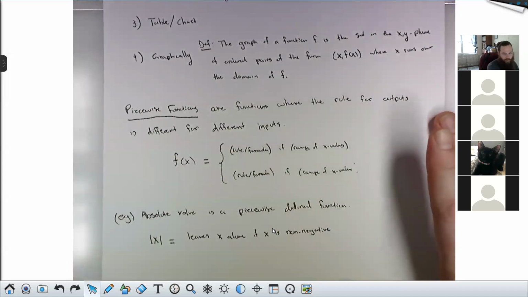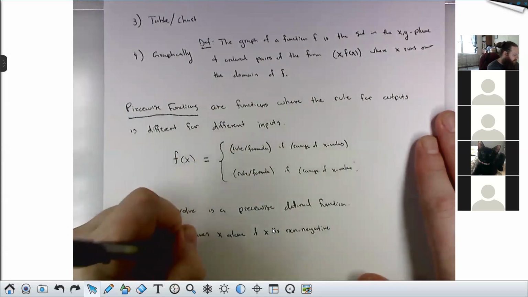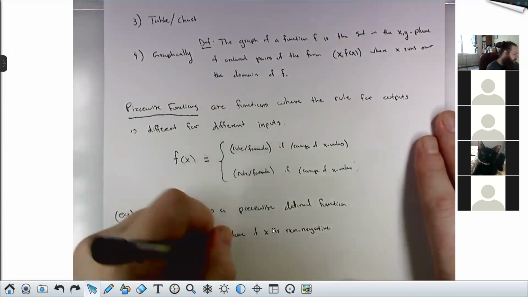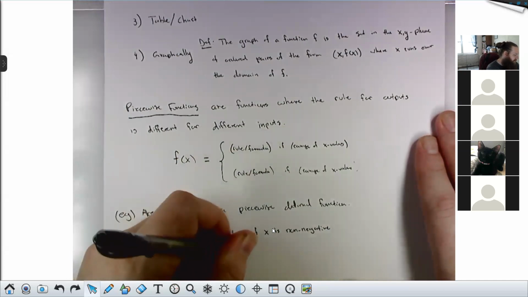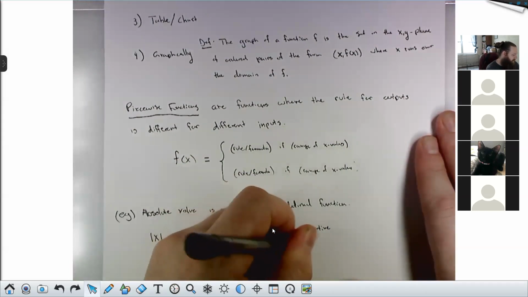If x is positive or 0, then the absolute value of x leaves it alone, or it turns x positive if x is negative.